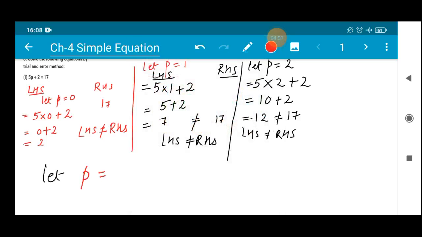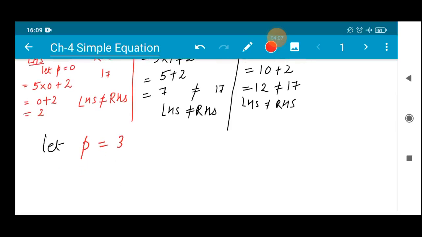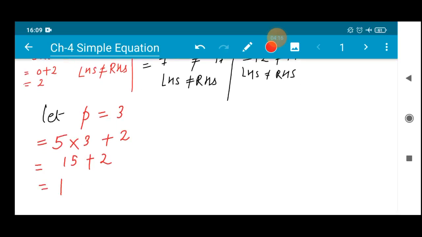So let the value of p here be 3. If 3 is also not giving the value, then you can try with the negative value also. So 5 into 3 plus 2. 5 threes are 15 plus 2. Yes, this is giving us hope: LHS and RHS, you all know it is 17. So LHS is equal to RHS.